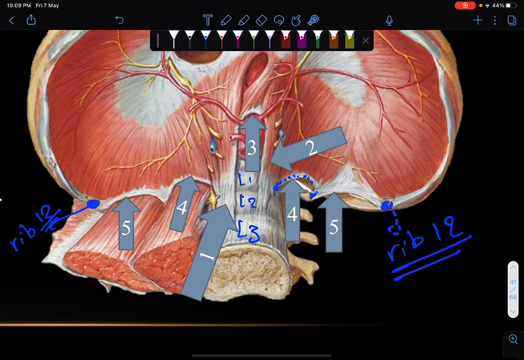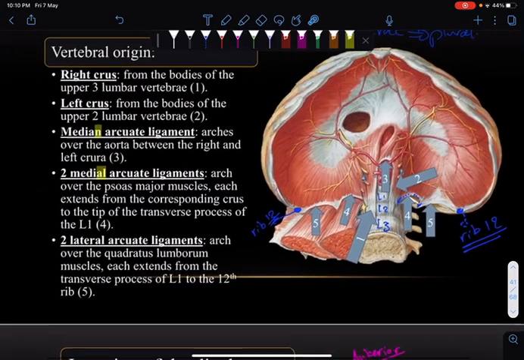The medial ones go from the corresponding crus, whether left or right, towards the transverse process of lumbar 1, whereas the lateral arcuate ligaments go from the transverse process of lumbar 1 toward rib number 12.